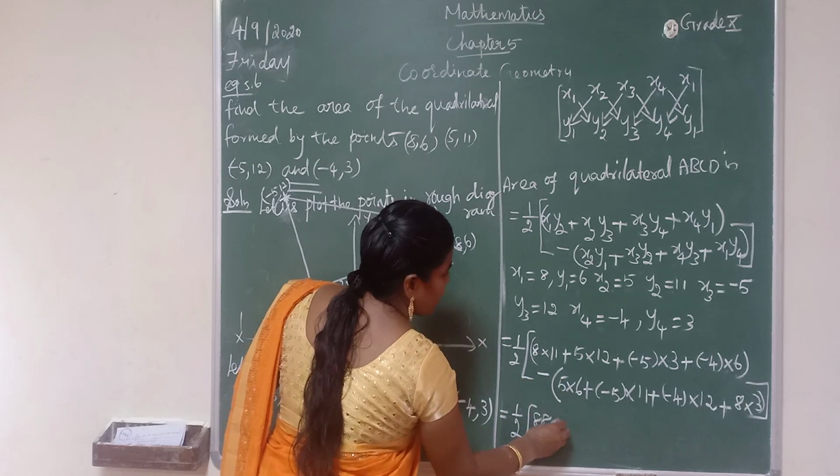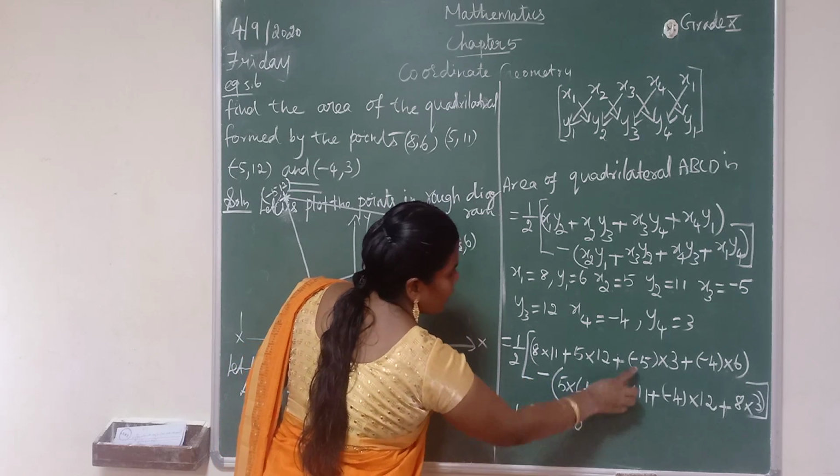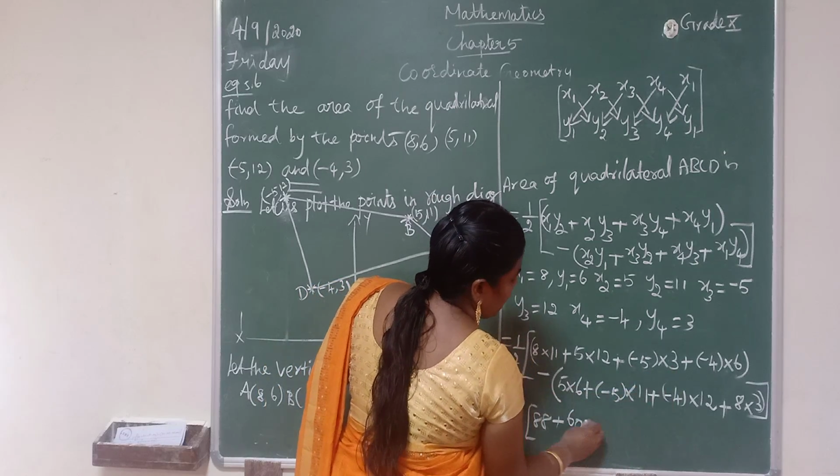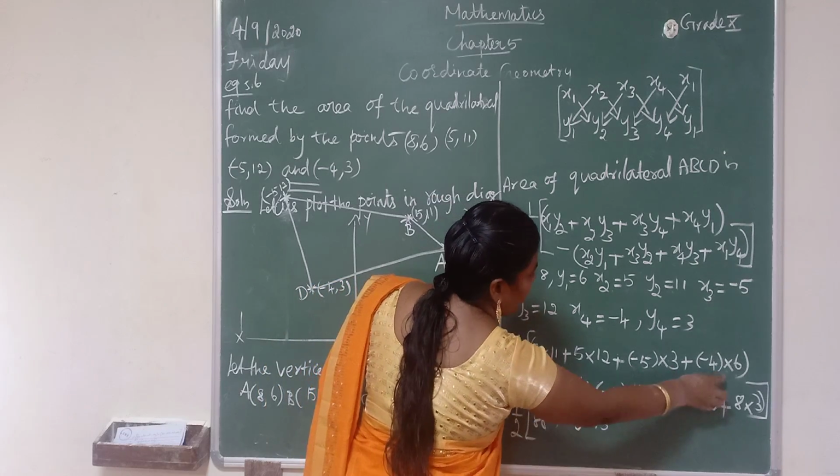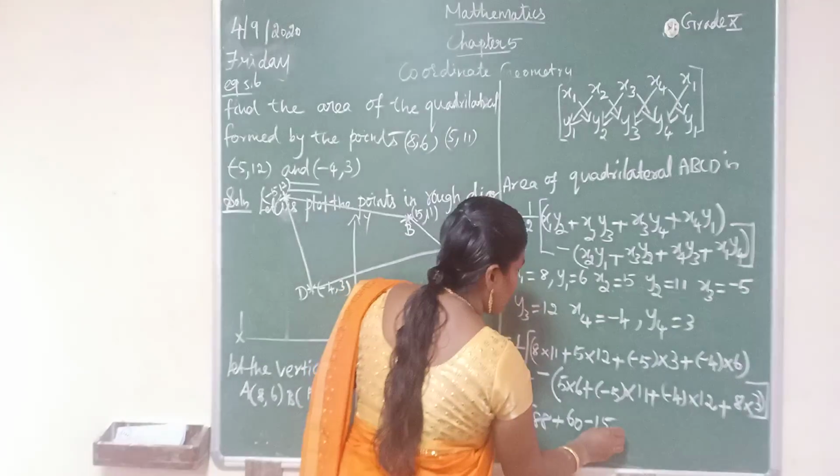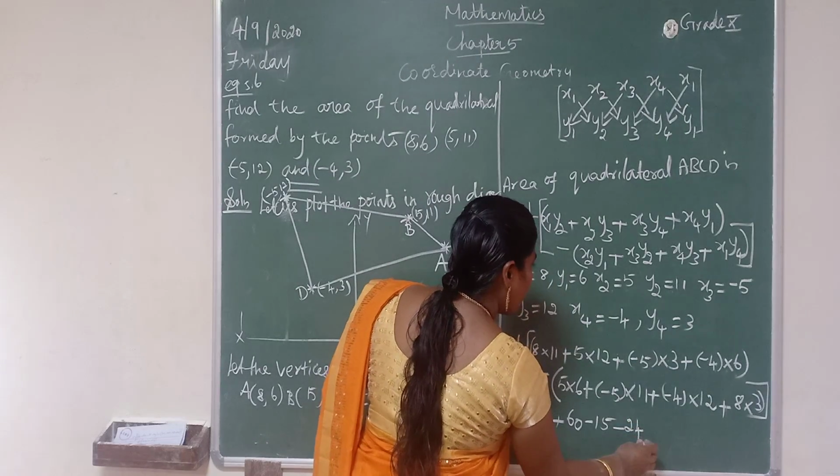That is equal to half into [88 plus 60 minus 15 minus 24], close the bracket.